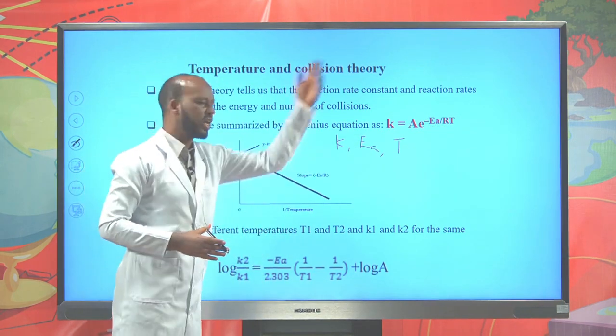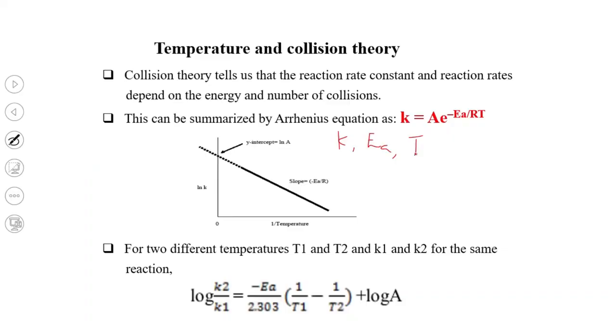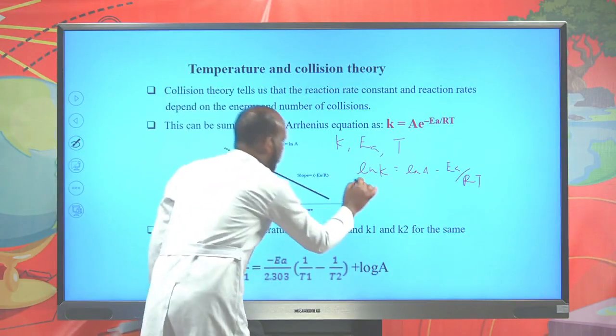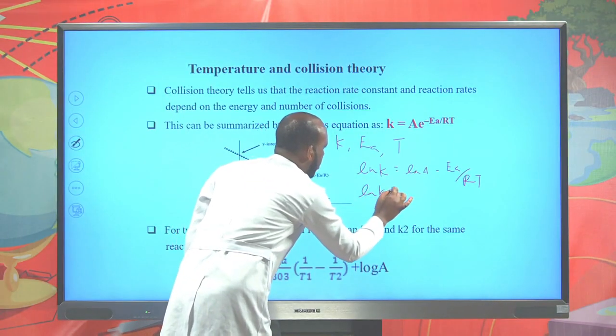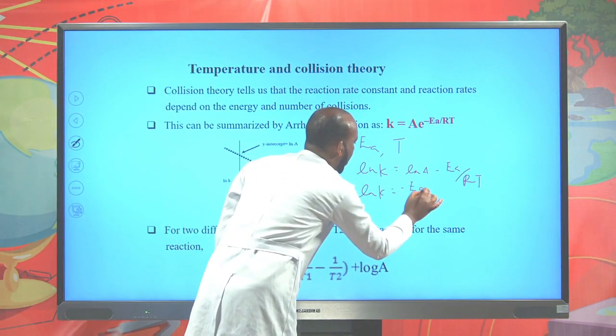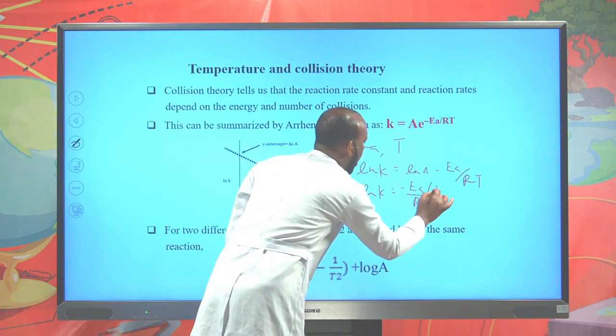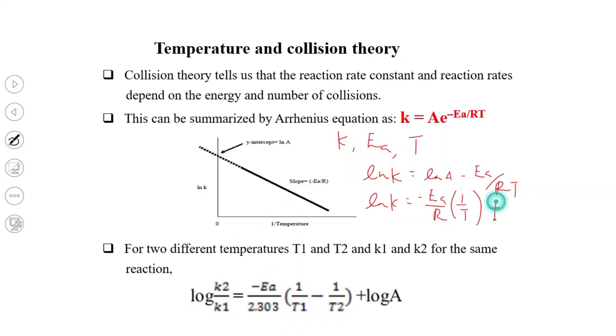Now taking the natural logarithm on both sides, this becomes ln K equal ln A minus EA divided by RT. We can write this as ln K equal minus EA divided by R times 1 over T plus ln A.